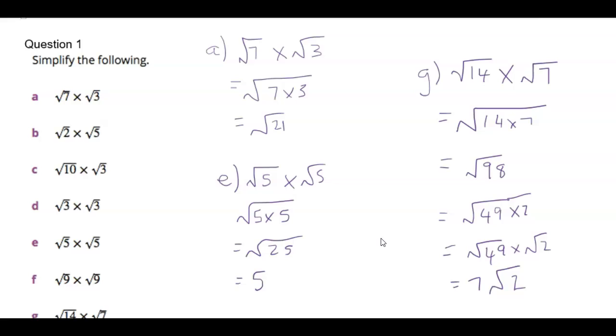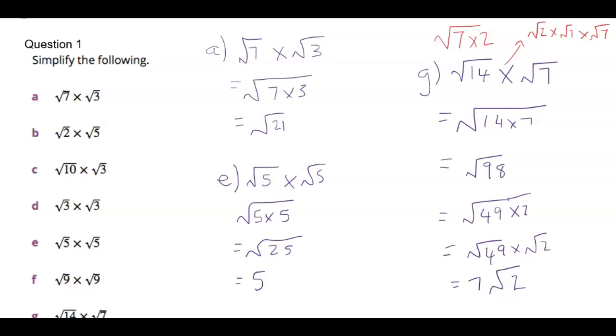Okay, so if you couldn't do the 14 times 7, the square root of 14 you could have written as 7 times 2. So effectively you would have the square root of 7 times the square root of 7 and the square root of 2.